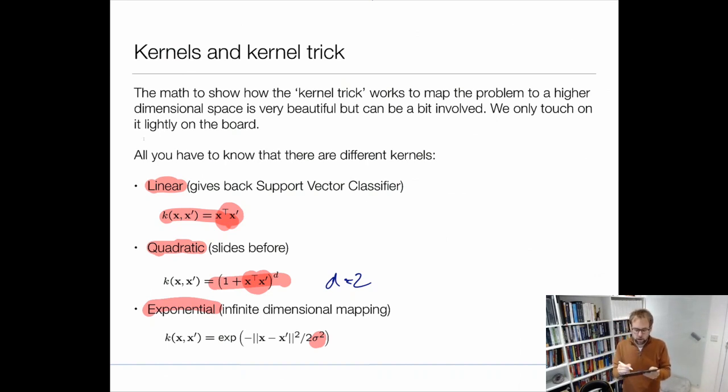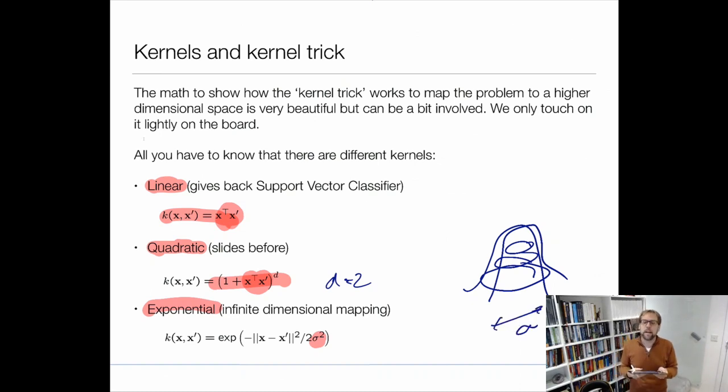I mean, just to recall that this is some form of Gaussian bell, and the width of this thing is given by sigma here. And obviously you can think of it like this: if sigma becomes wider, my data points have more influence, whereas if sigma becomes narrower, there's less influence. So a wider sigma makes the model more stable than a smaller sigma, which allows for more wiggly lines.